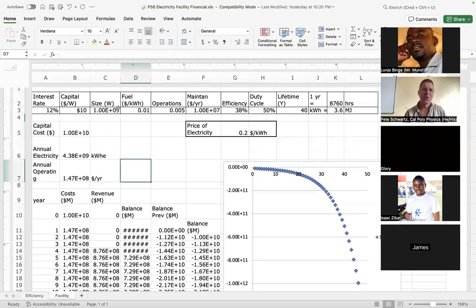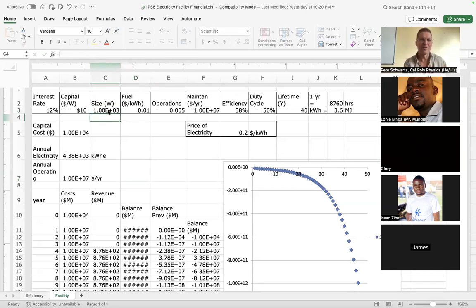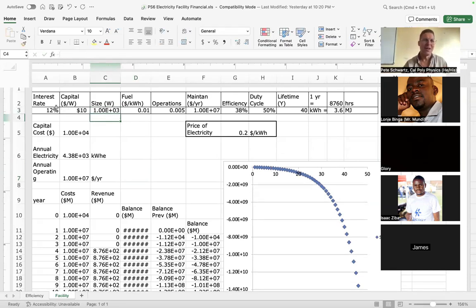So for solar, you'd have, you know, 1,000 watts for your house. Okay. Then you'd say the capital cost is how many dollars per watt? Oh, it's $0.5 per watt, right?